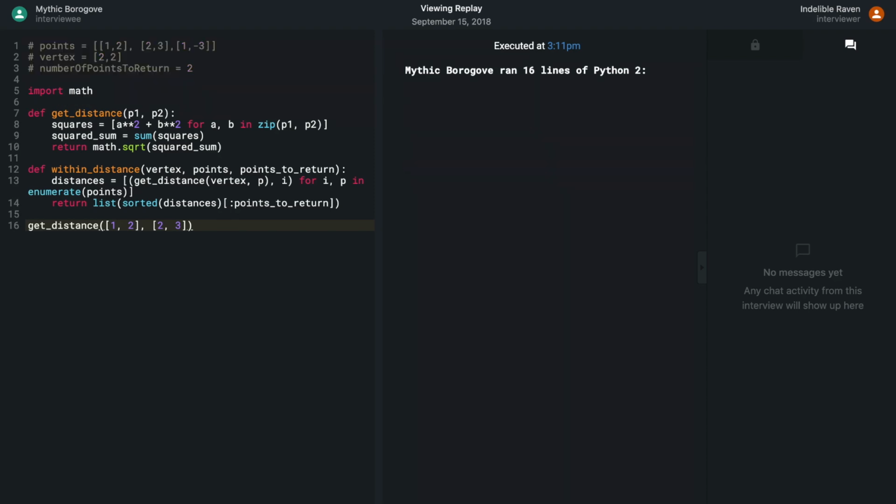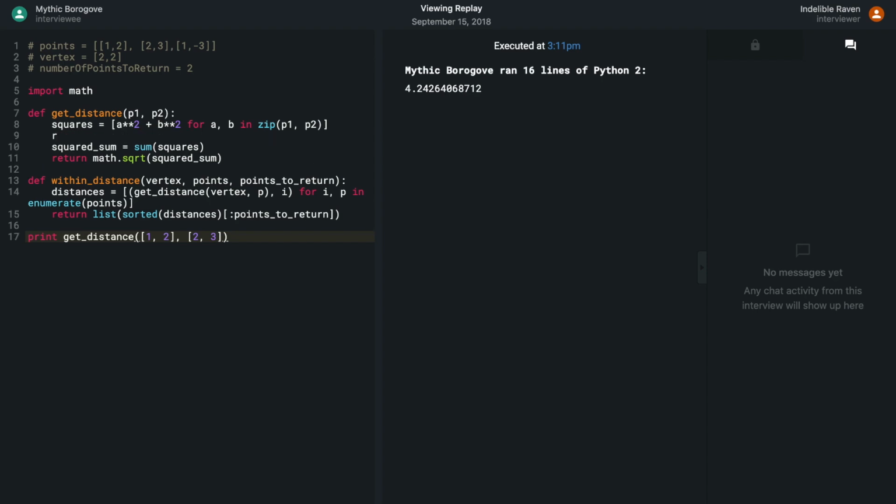Let me print that, I guess. Yeah, is that 3 squared, 9, plus 25, square root 34? No, that's not. Oh, hold on. Squares. 5 and 13. Okay.